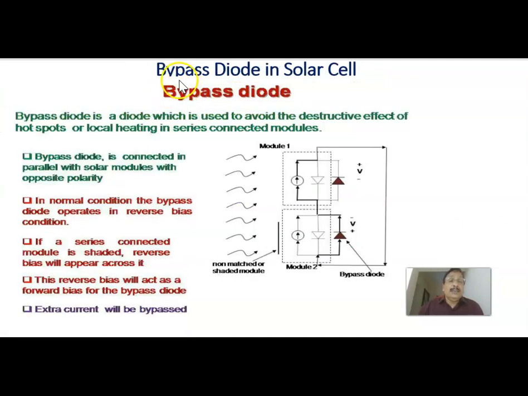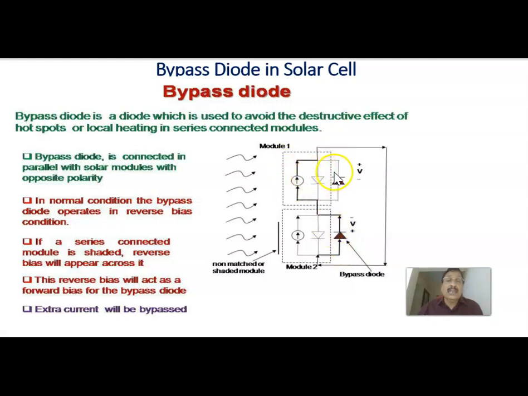Now let us see the role of the bypass diode in a solar cell. The bypass diode is a diode used to avoid the destructive effect of the hotspot or local heating in series connected modules. In series connected modules, in order to avoid hotspot formation, we connect a diode across the cell.